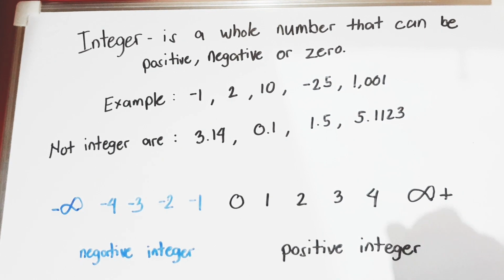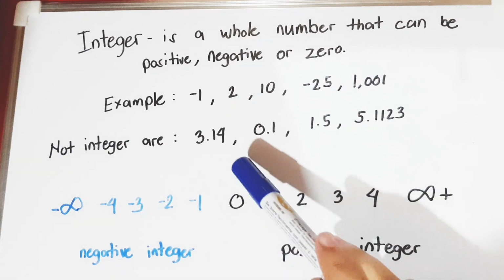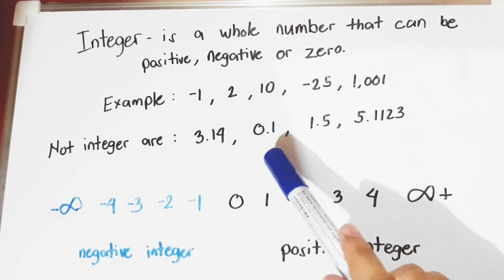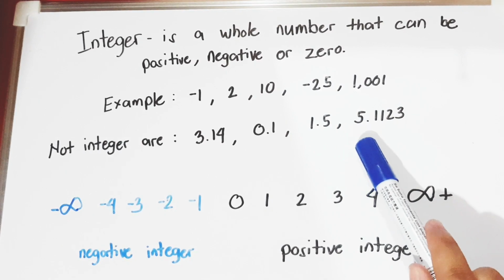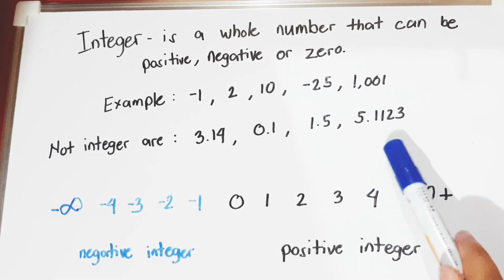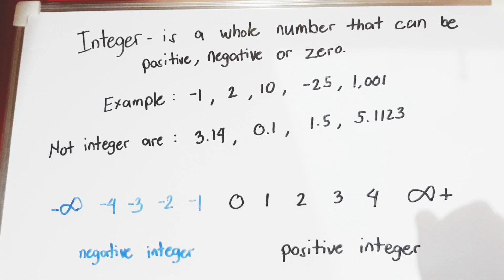So what are these? It's 3.14, 0.1, 1.5 and 5.1123. So basically, numbers with decimal points are not integers. On this side we can see the blue and black numbers.